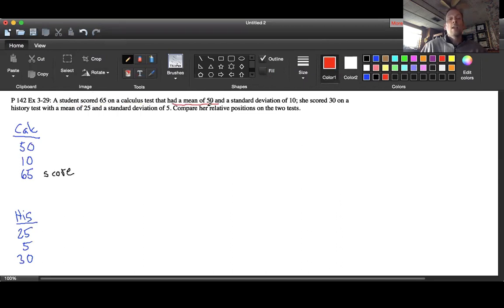As soon as I see mean, I have two symbols that come to mind: one is a sample average, X bar, and the other is mu, my population average. So how do I figure out which one to use? They didn't specify in the question whether our data is from a sample or a population. If they didn't specify, we're going to assume we're working with samples. So I'm going to assign the X bar to be my 50.